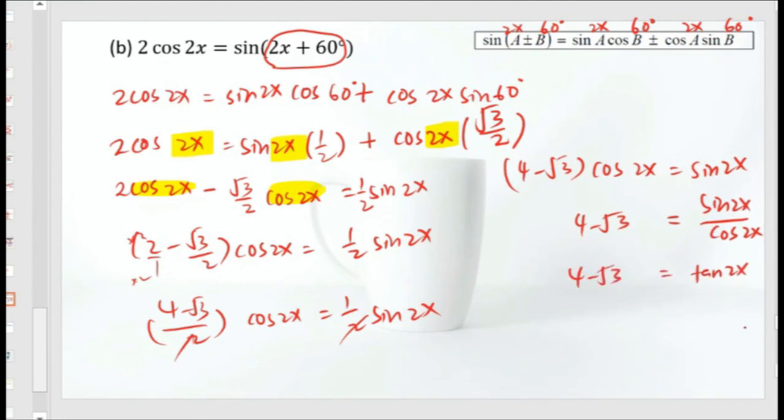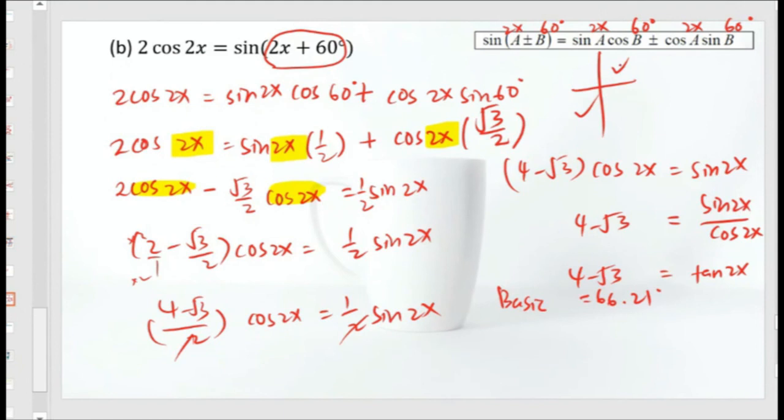So what is your value for your tangent 2x? You find the basic angle. What is your basic angle? Shift tangent 4 minus square root 3, 66.21 degree. It will be in which quadrant? Positive value. All students take calculus, first and third, but your answer will be in 2 cycles.